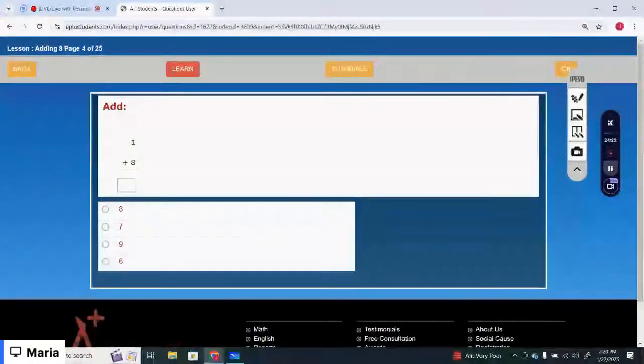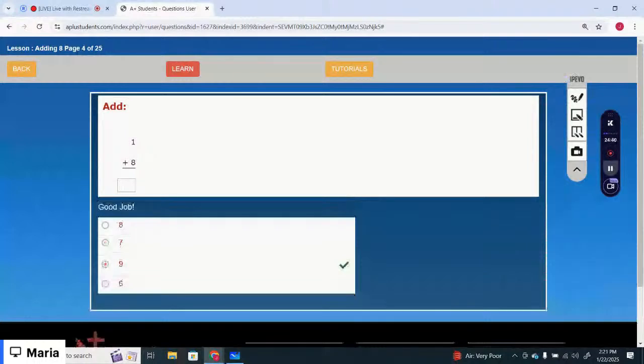8 plus 1 equals 9. The correct option is option number 3. 8 plus 1 makes 9.